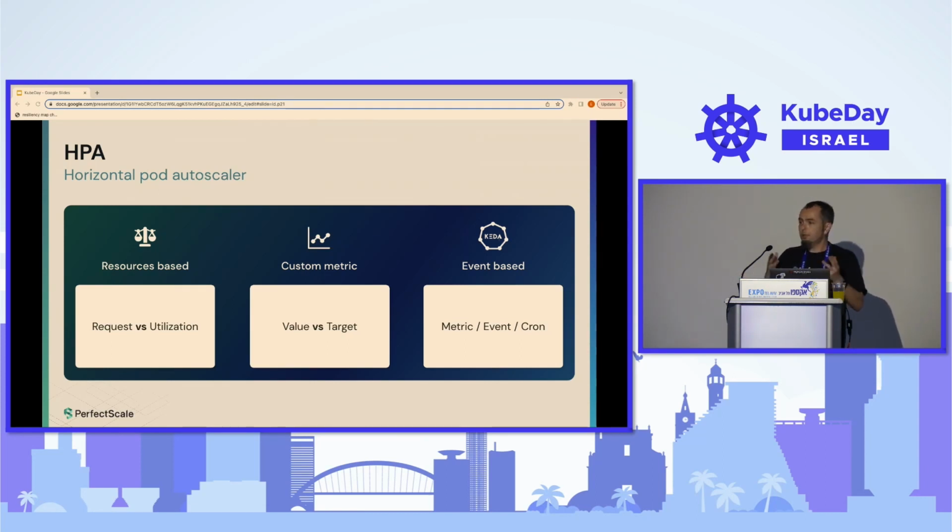Another option to scale additional pods is based on a custom metric, like the amount of requests per second or something like that. And KEDA brings very advanced capabilities. For example, you can schedule by event. As your Kafka queue grows, it could trigger additional replicas. Or, a very convenient one, there is a cron that you can schedule on.